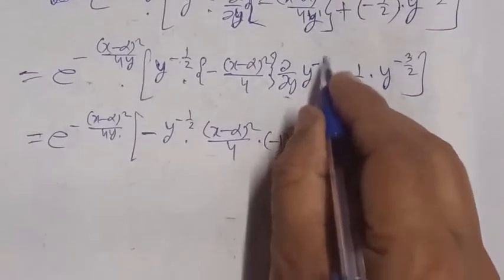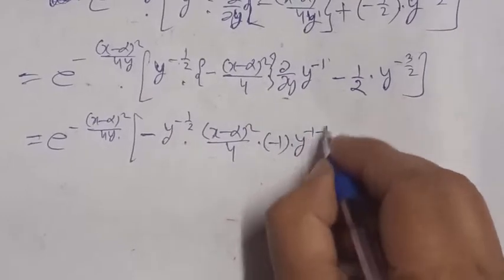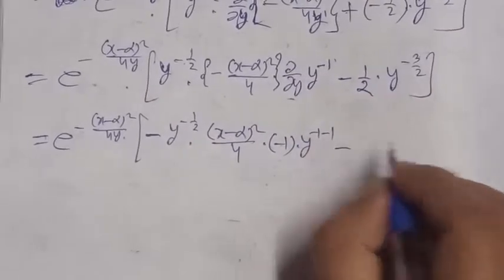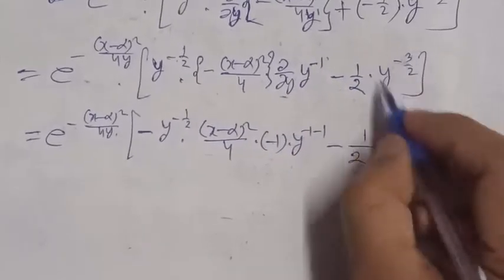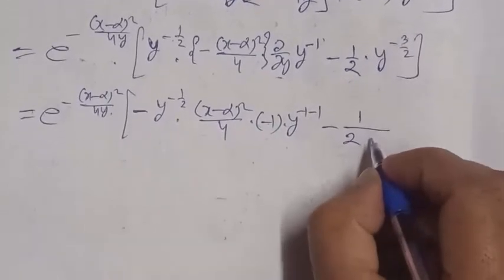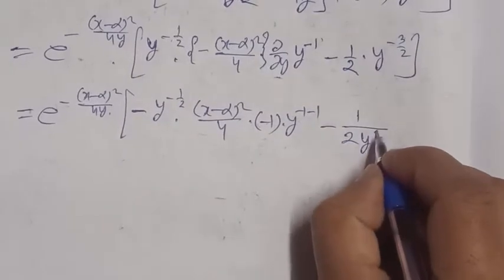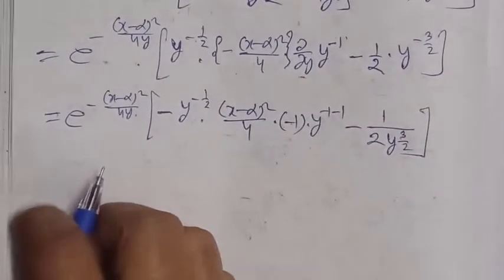Minus, take minus 1 here, and y to the power minus 1 and minus 1. Differentiation is done here. Minus 1 upon 2, and if we want to change it to positive, we should take it to the denominator, so y to the power plus 3 by 2.